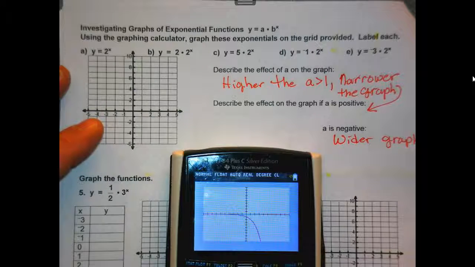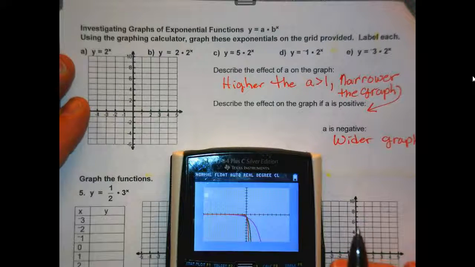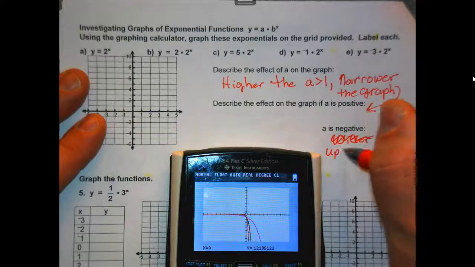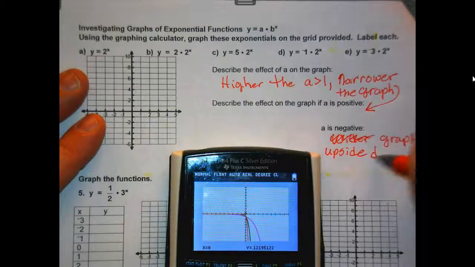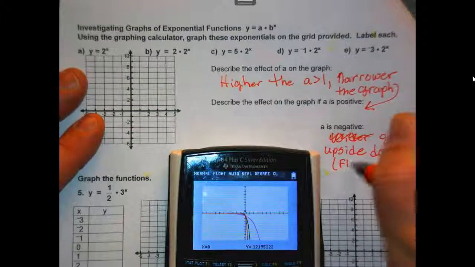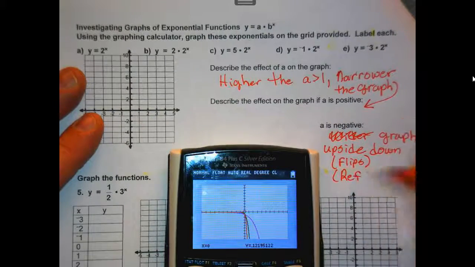Hey, look at that. Not only did it get wider, it went upside down. Flips, reflects, however you want to call it. Mathematically, we're going to call it a reflect.